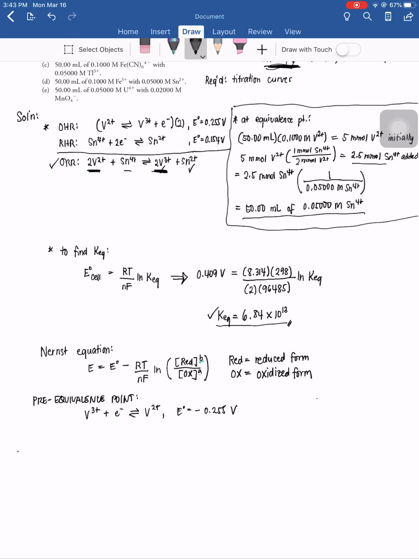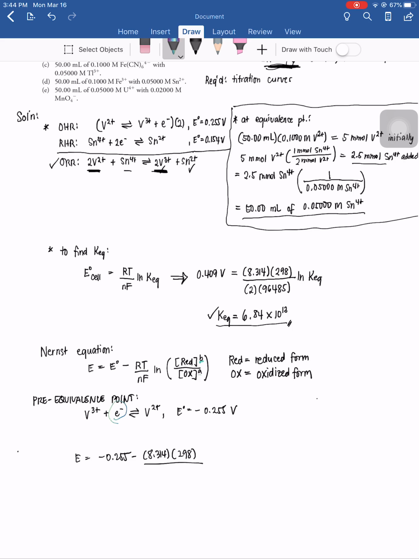So we should have written instead this: E equals negative 0.255 minus 8.314 times 298 all over the number of electrons.